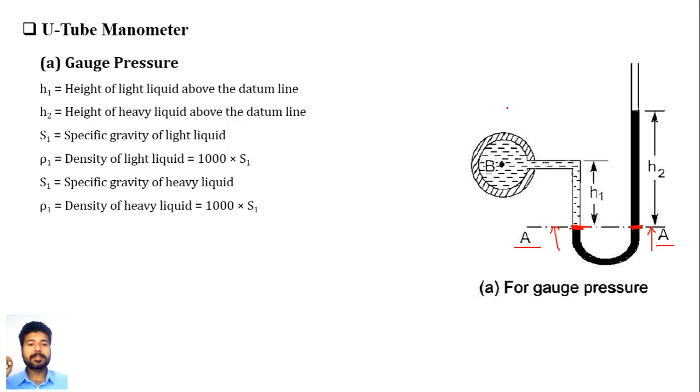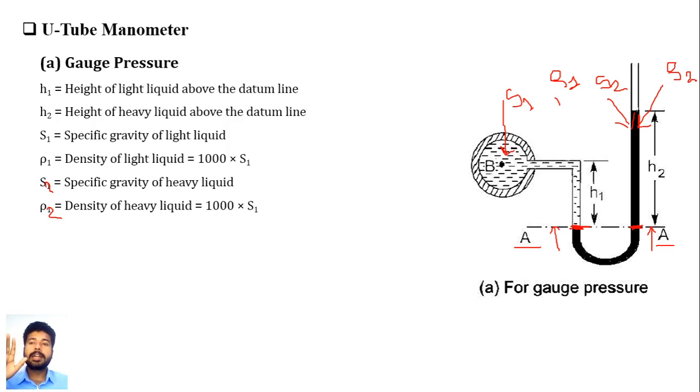S1 is the specific gravity of the liquid, and rho 1 is its density. Likewise S2 is the specific gravity of the heavy liquid, and rho 2 is its density.